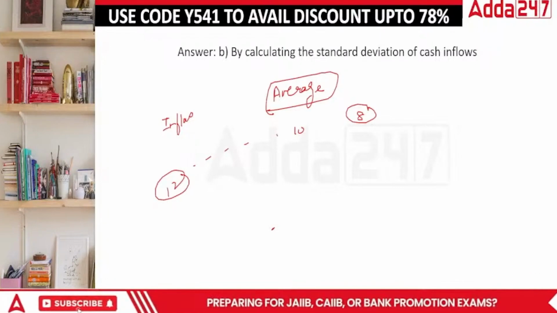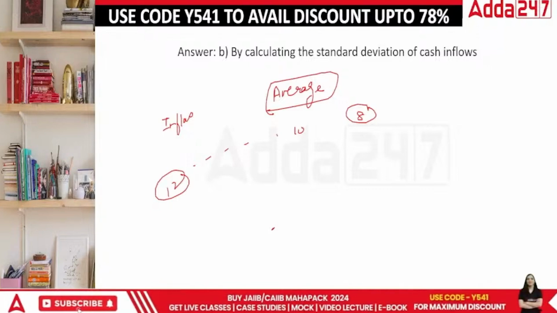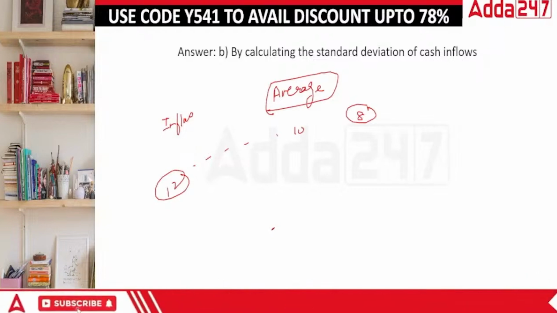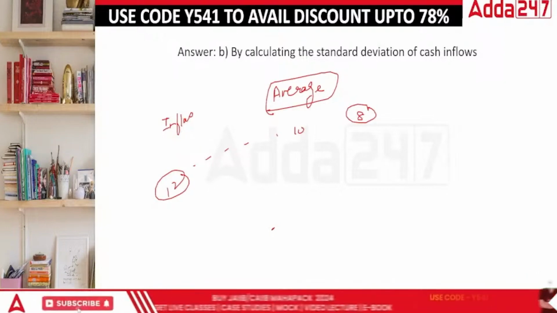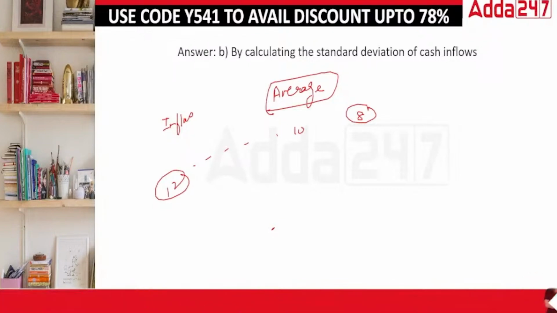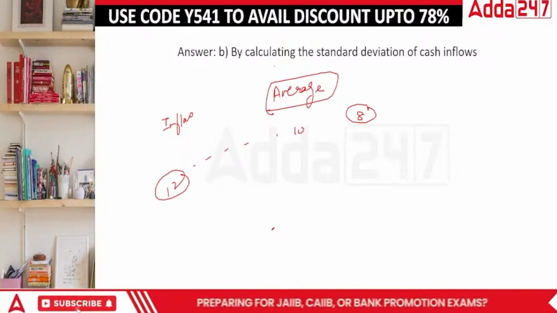I'll always consider it a bad thing. Why? Because when I'm getting money in due course, if I'm getting less money, it's bad, and if I'm getting more money, it's good. So if I'm deviating from the standard or I'm not able to make a decision, then things can really affect my business. So in this case, we calculate the standard deviation of the cash flows.